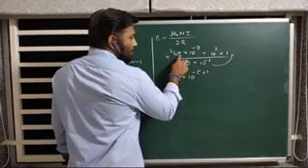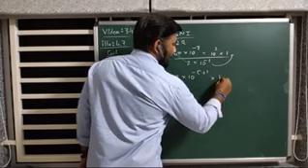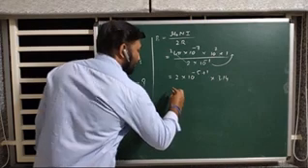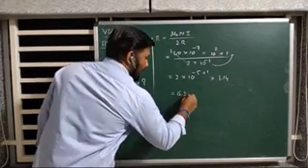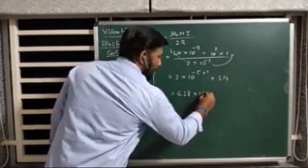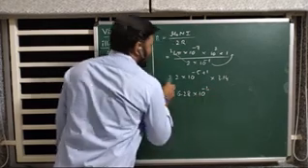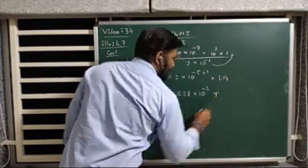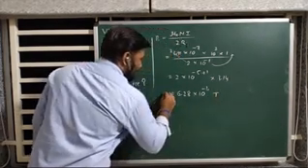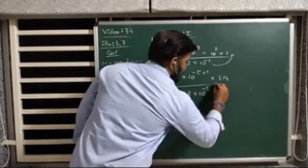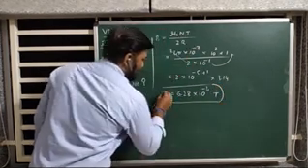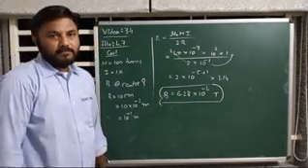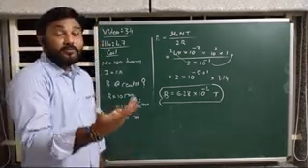The value of pi is 3.14, so 2 multiplied by 3.14 is 6.28, multiplied by 10 raised to minus 4. As it is a magnetic field, it has the unit T, that is Tesla. Got it? So this is the answer. Isn't it? It is very easy.